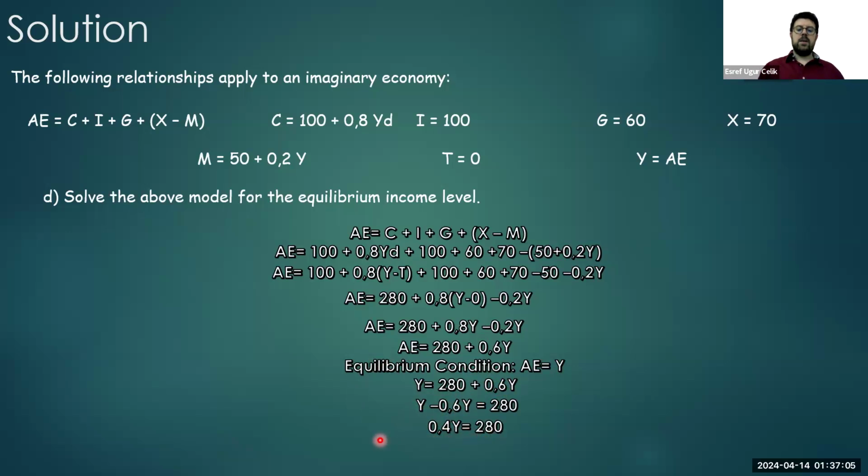How can we find Y alone? Divide both sides by 0.4. So the total income equilibrium, or equilibrium income as it's mostly called, is equal to 700.